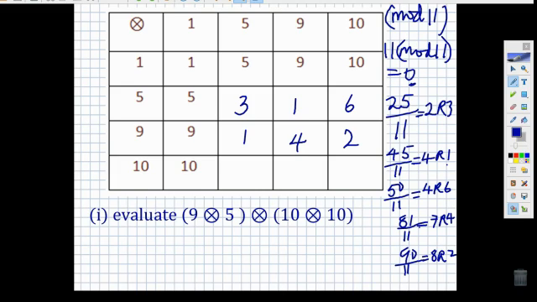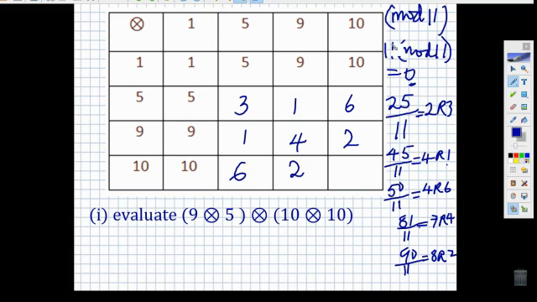Next, we have 10 times 5, which gives us 50. 50 divided by 11 gives us 4, remainder 6. So 6 is what we have here. 10 times 9 is equal to 90. 90 divided by 11 gives us 8, remainder 2.